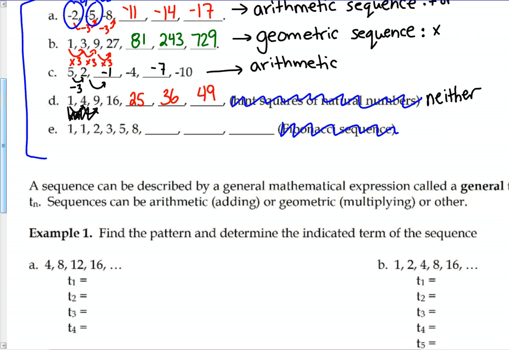To go from 1 to 4 would be adding 3, but then it's adding 5, and then it's adding 7. That's not the same thing every time. Exactly. So that is the pattern to it, but is it arithmetic? No, because it has to be adding or subtracting the same thing every time.